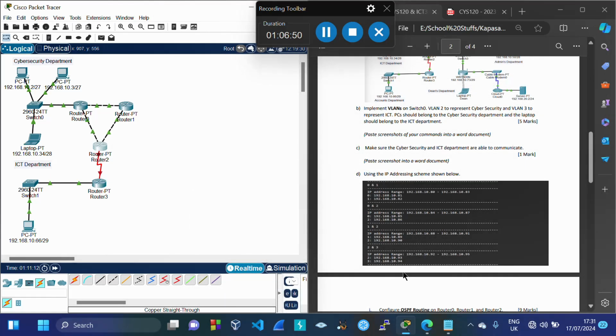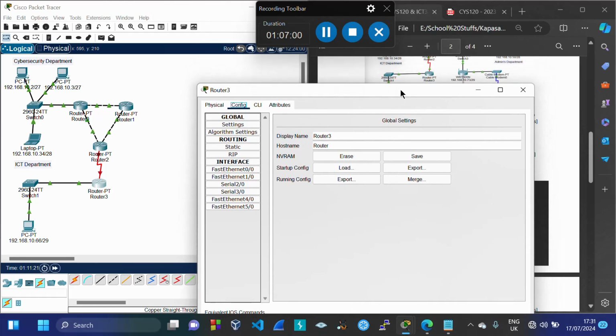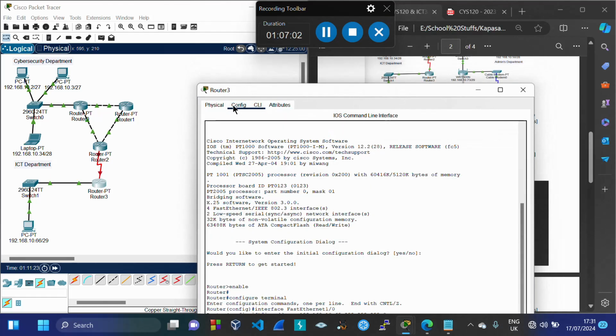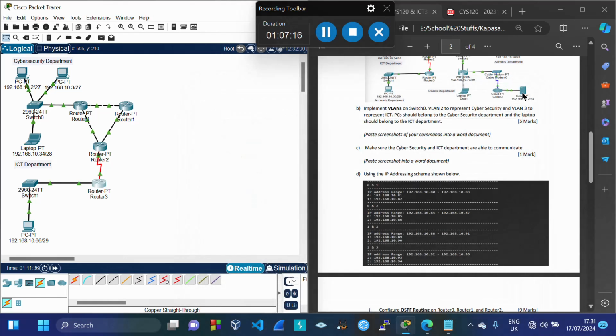Then we need to put .94 to represent router 3, because it's between router 2 and 3. So I'm going to put it under serial 2 because that's the connection. Then we'll say 94, and change it to 252 because these are routers. Now that everything is okay, we can start talking about our next thing, which is static.